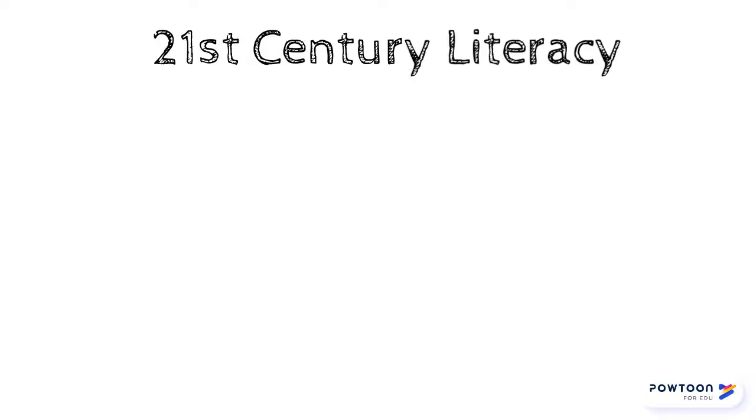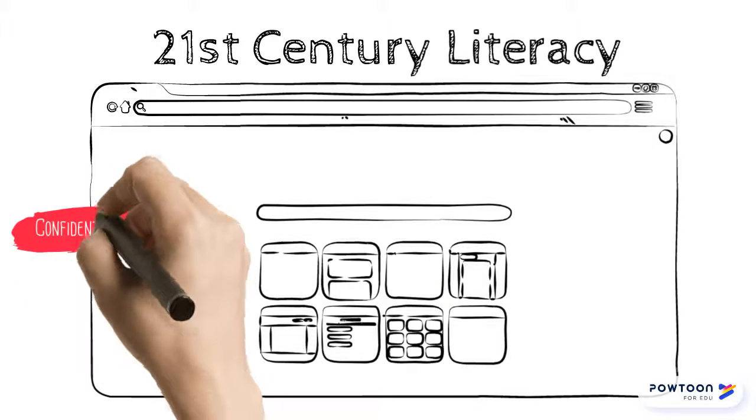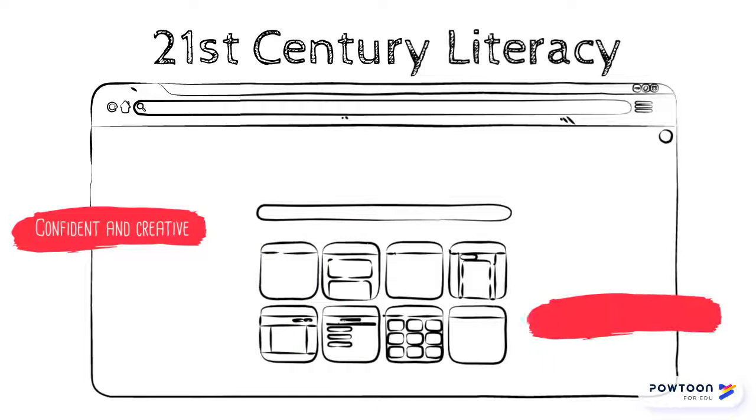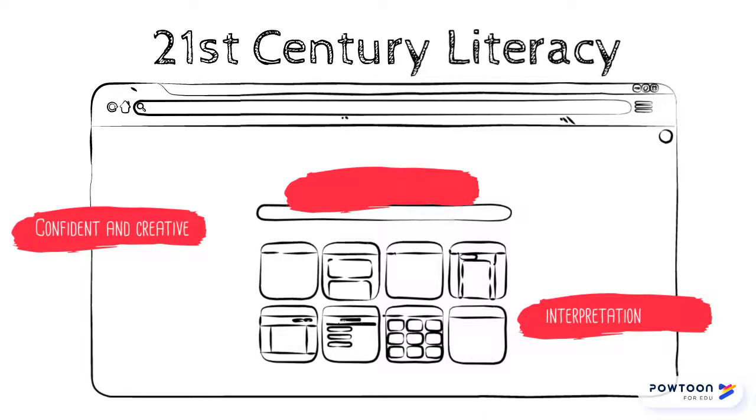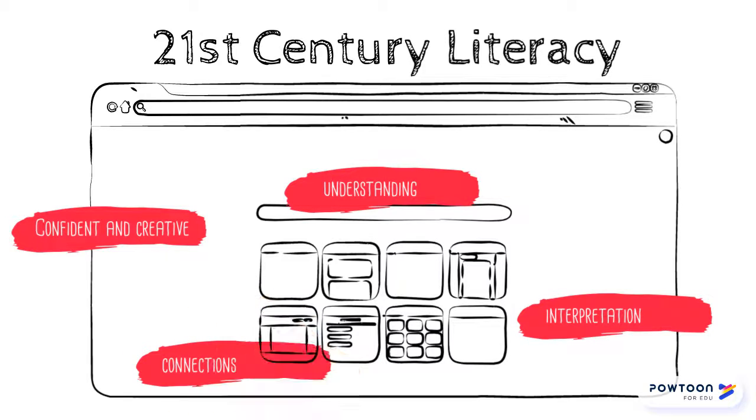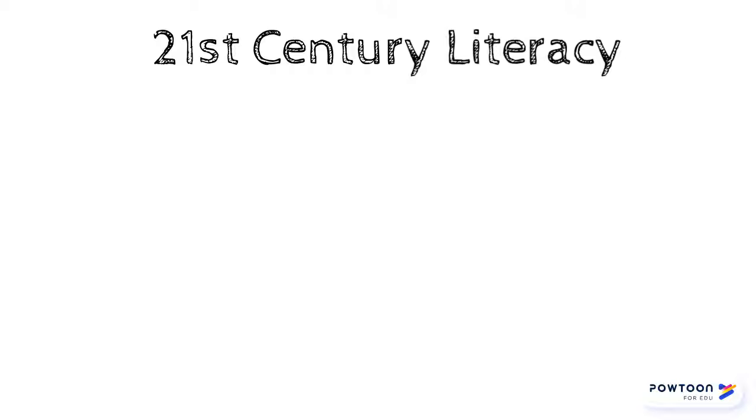These skills are critical to meeting the syllabus outcomes. We want students to be confident and creative users and communicators, able to interpret situations. We want students to develop understanding and recognize connections. We expect them to analyze, to interpret, and to represent situations in their everyday lives. We want them to be literate.